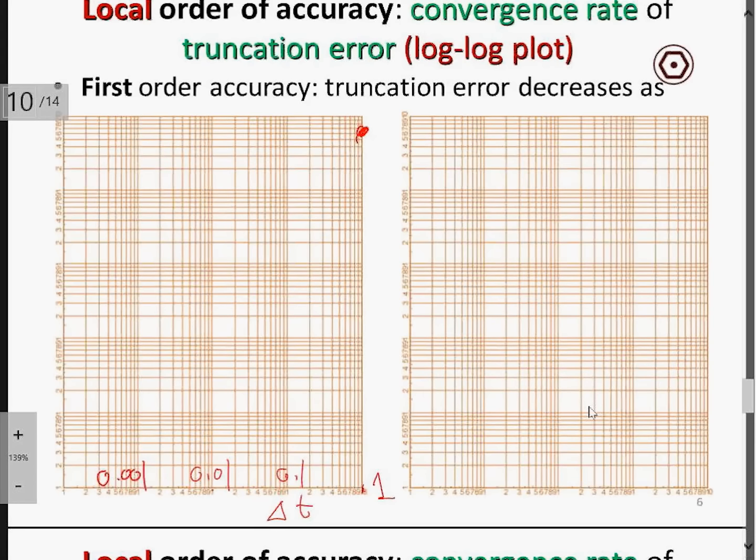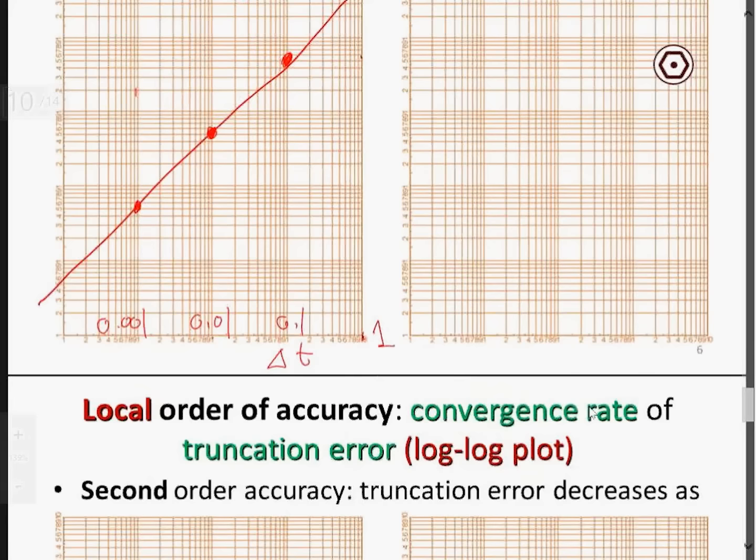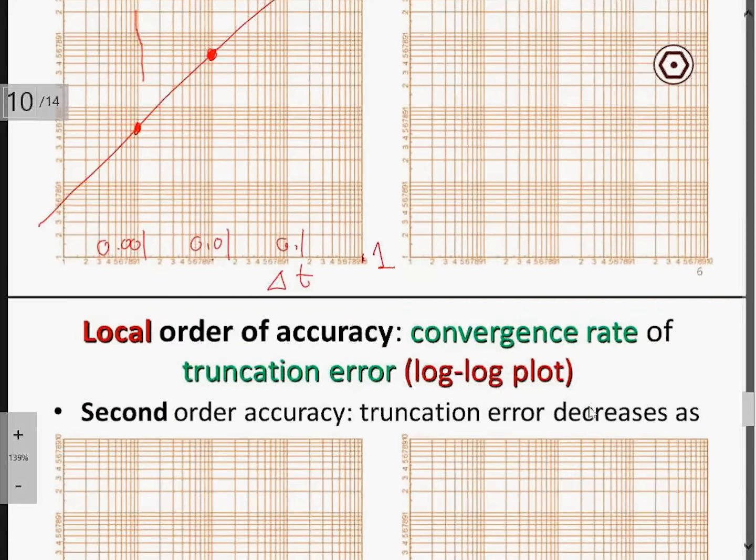When I decrease delta t to 0.1, what do you think the error is going to become? A tenth, right? So I should be right here, because it's O of delta t. Now, if I decrease it to 0.01, it should decrease by another factor of 10, and by another 10. So if I link it, it'll be a line with a slope of 1 in a log-log plot.